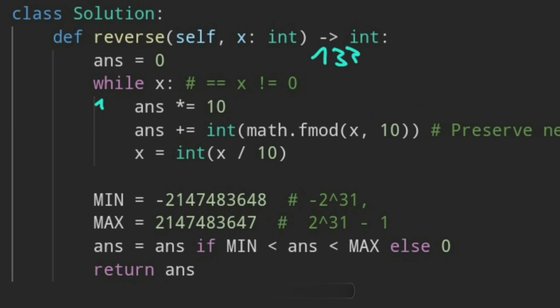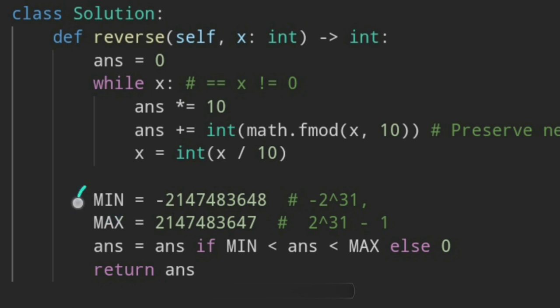So first we multiply the previous answer by 10, then we take the answer and add to it the mod, the rightmost digit, and we use math.fmod with integer casting. Then we need to get rid of the rightmost digit, so x is x divided by 10, and we do a casting into int again to get rid of incomplete numbers.